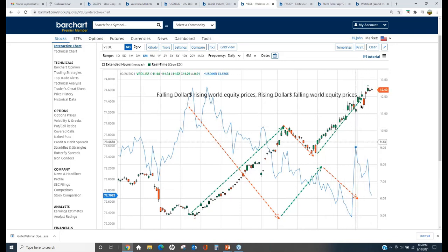And you do see that, since the dollar peaked against the rupee just recently, it has started to fall. And as it's falling, this Indian equity looks like it has started to at least try to make some new highs, right? So here we're seeing that correlation between the US dollar versus the Indian rupee.